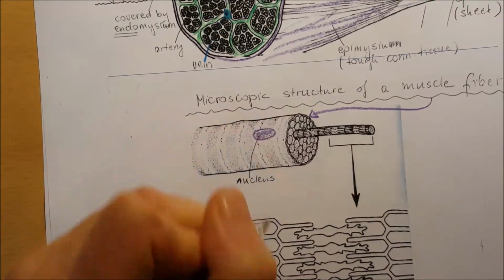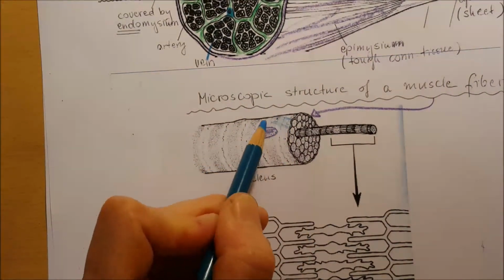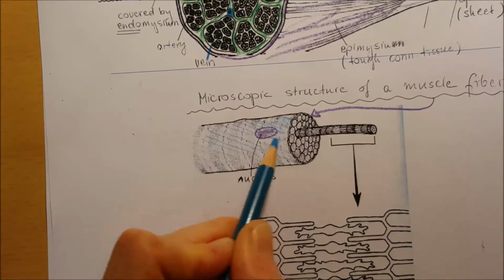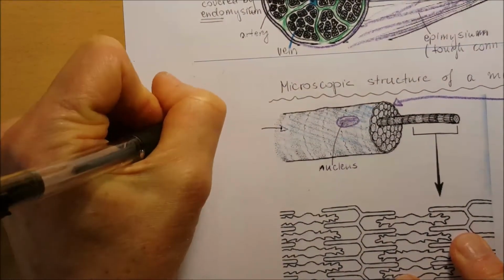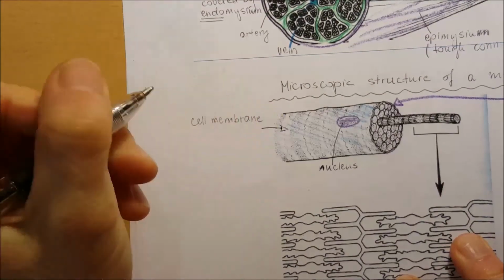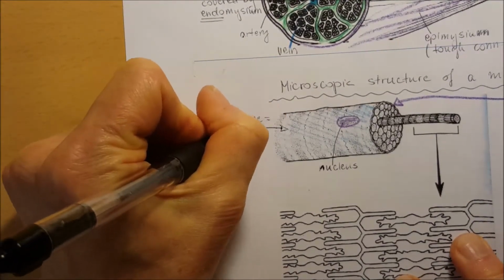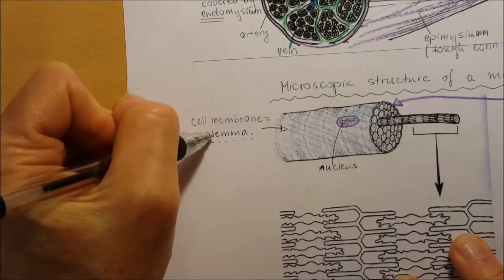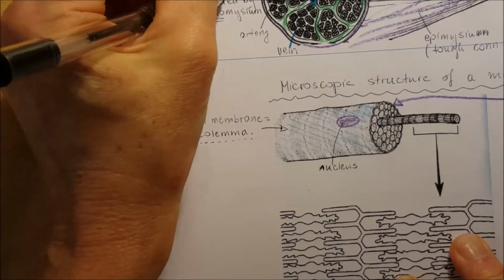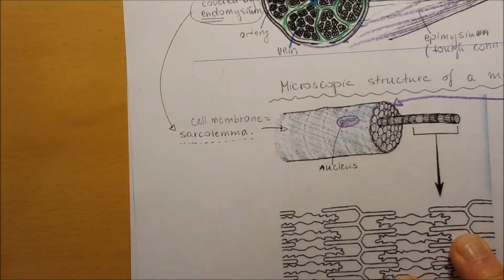The cell membrane covers the cell, and I just use the light blue color for the cell membrane. As I said, it's not that easy because it's a muscle, so we use the sarco prefix that refers to muscle, so it's a sarcolemma, but this is actually the cell membrane. And the sarcolemma is covered by the endomysium, the very thin connective tissue.